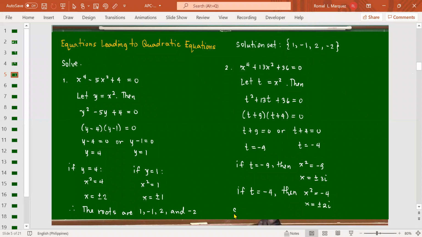So therefore, what's the solution set? If you're asked for the solution set, we have 3i, -3i, 2i, and the last element is -2i. So this is the set representing the solution set of this equation. Okay, guys?